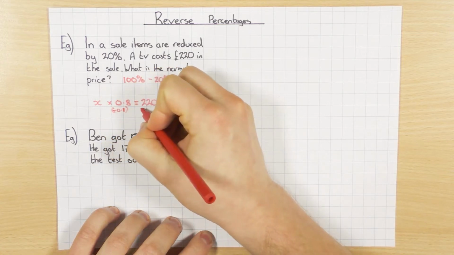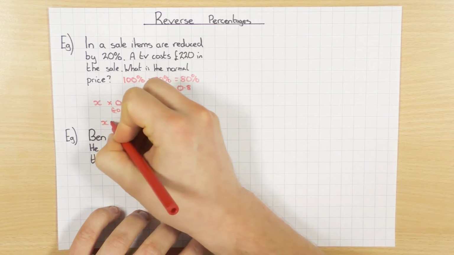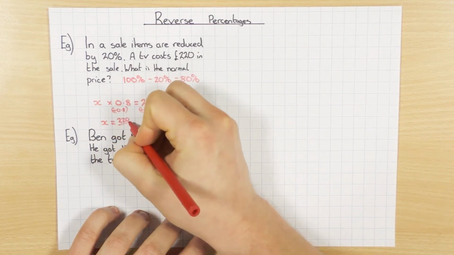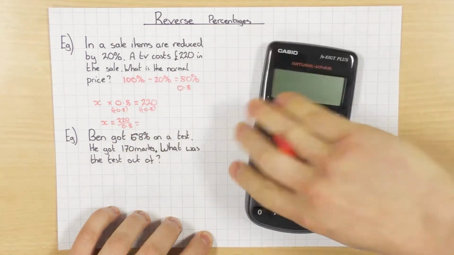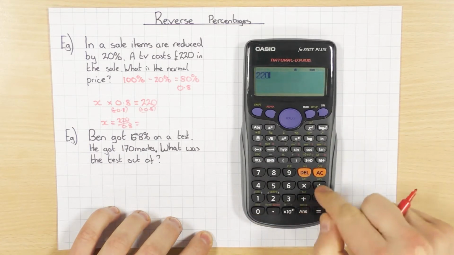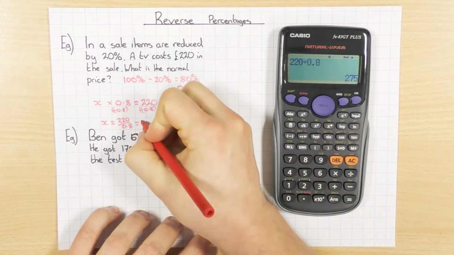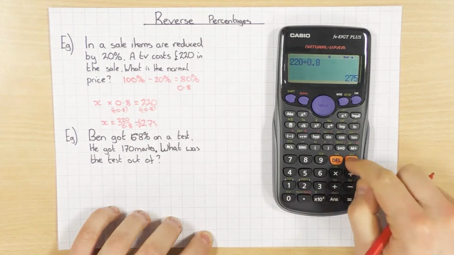Don't forget both sides. So X, or the normal amount, would be 220 divided by 0.8. Definitely going to be a calculator job here. 220 divided by 0.8 is £275. That was the cost of the TV beforehand.